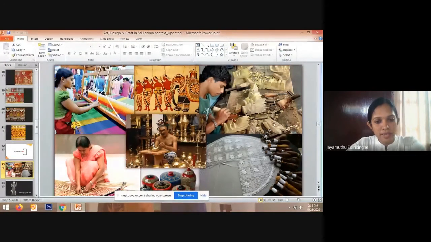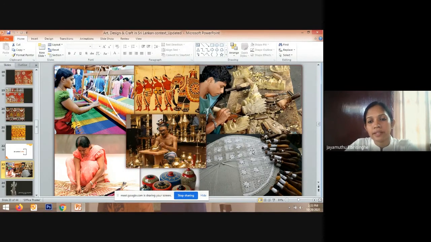There is also brassware, and mat weaving, where Dumbara mats are very prominent in Sri Lankan crafts. At the bottom you can see another traditional craft we call lac work. That is also very prominent, with different color schemes, very decorative elements and motifs.